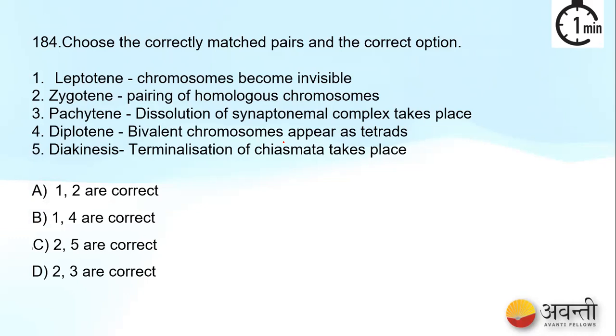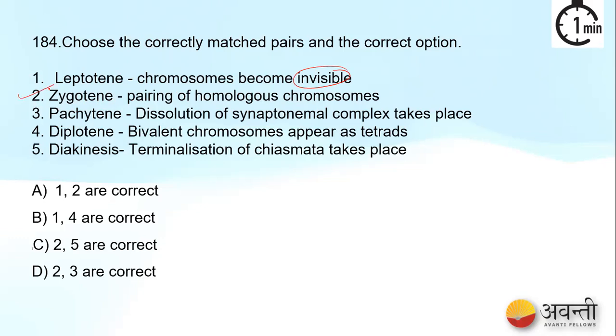So basically, let's see. Leptotene, zygotene, pachytene, diplotene, diakinesis are given in order, especially for prophase 1. Leptotene being the first stage in meiosis 1, prophase 1, chromosomes become visible, not invisible. Zygotene, pairing of homologous chromosomes takes place.